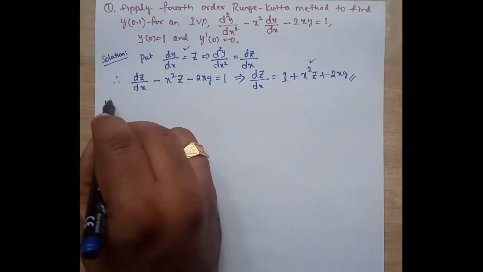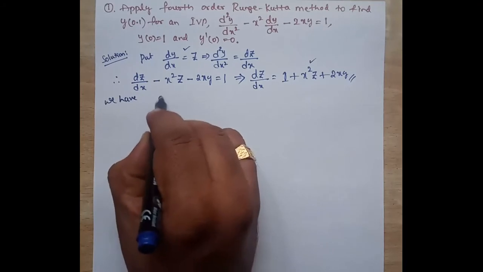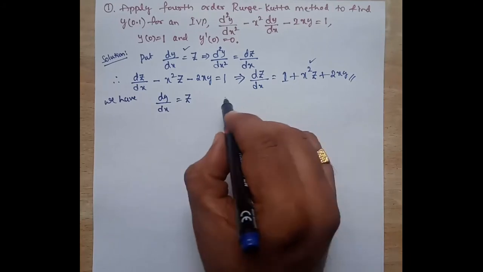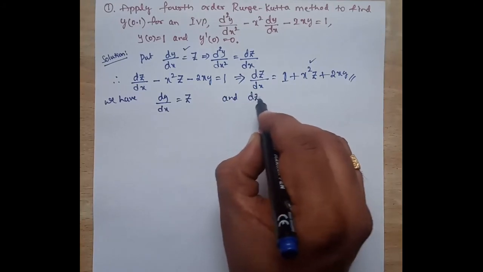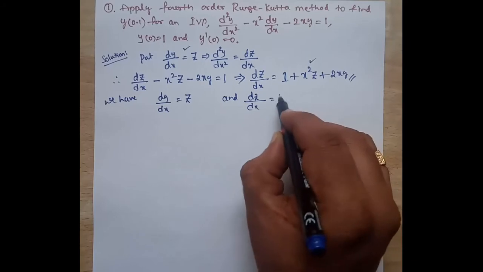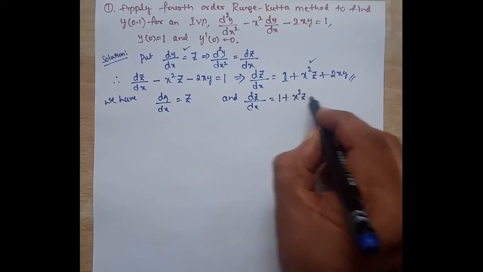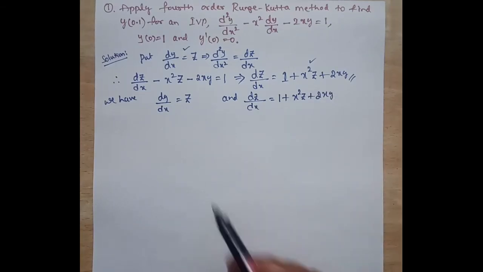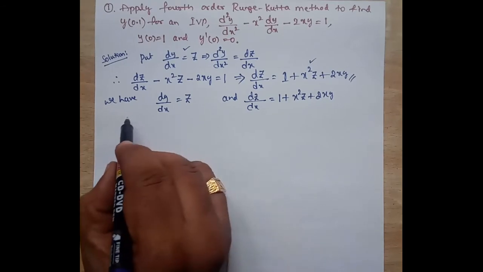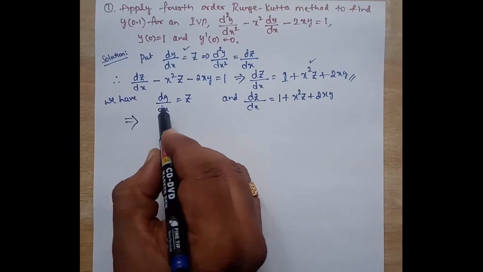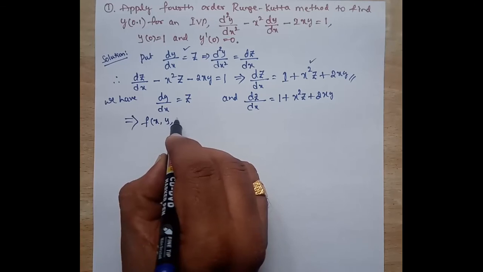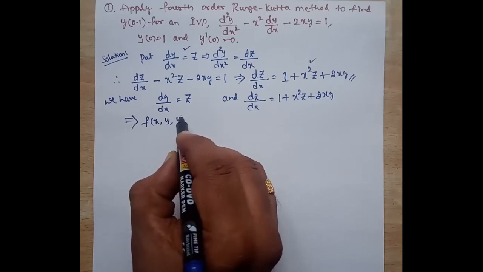We have dy by dx is equal to z, and dz by dx is equal to 1 plus x square z plus 2xy. So these are the two first order equations we get. Now I'll rewrite these first order differential equations. So dy by dx, I'll take it as f of x comma y comma z.